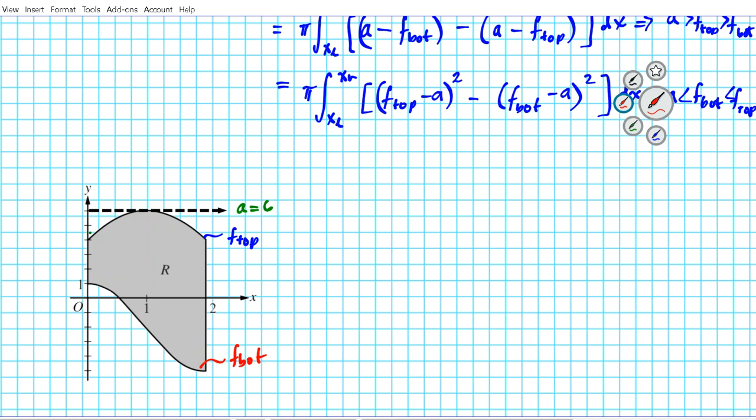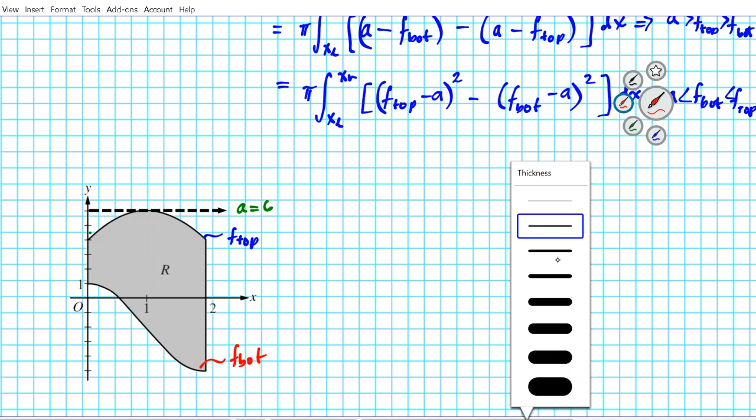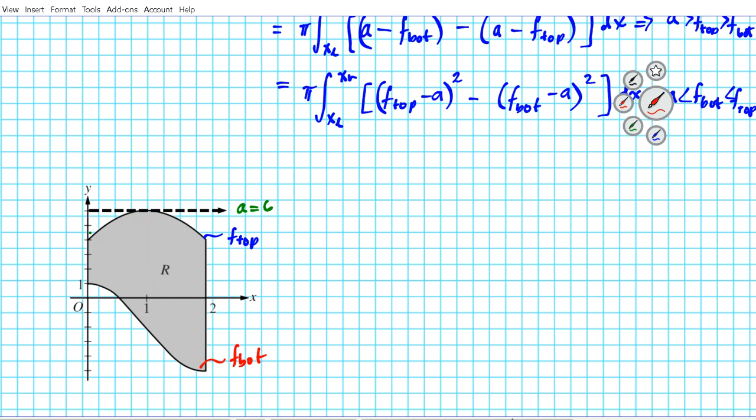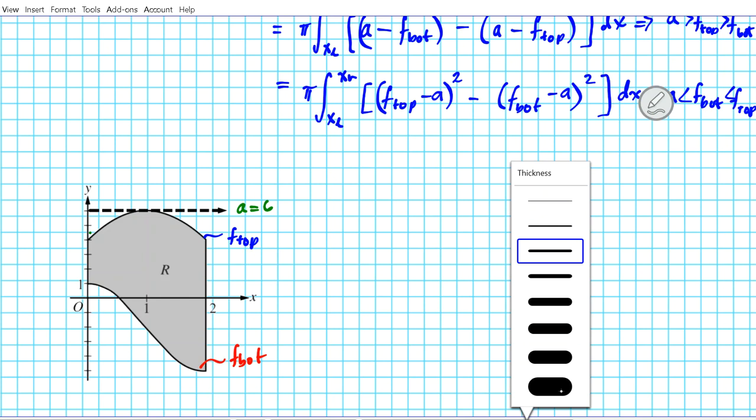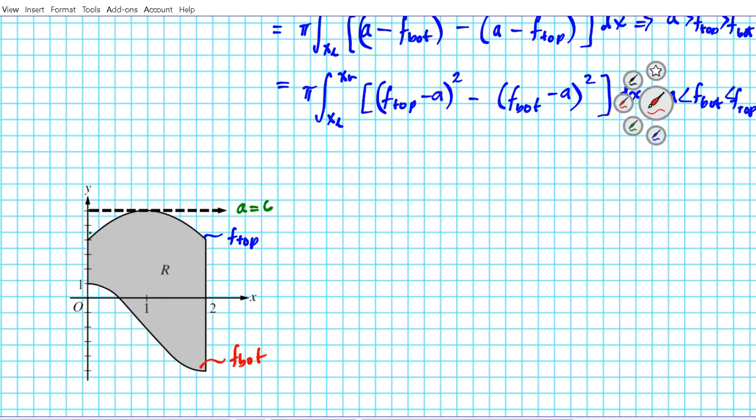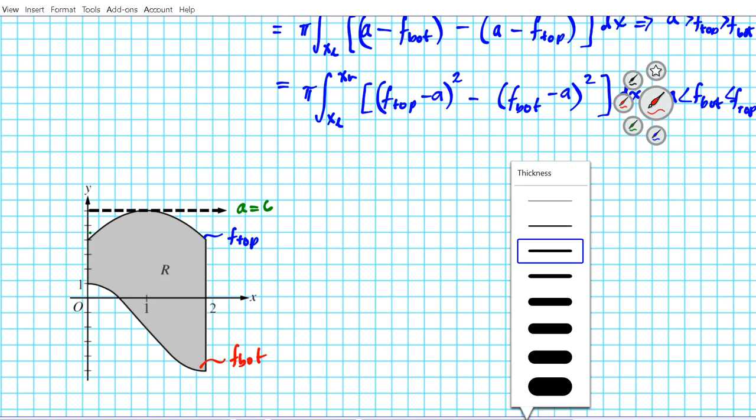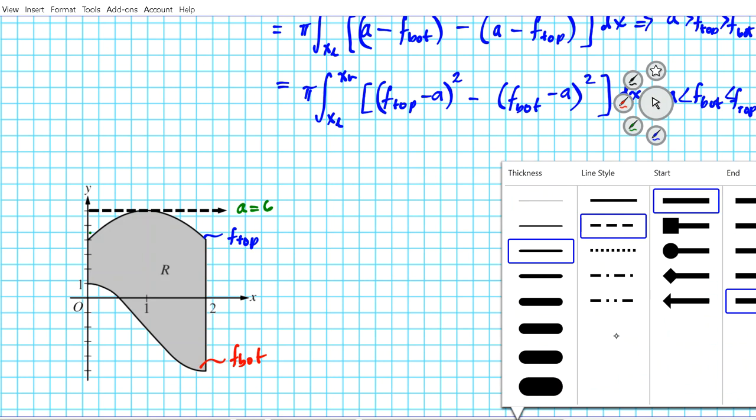The outer radius is the length from the outer function to the axis. So which function is on the outer in this example? Just think about outer as farther. Whichever one is farther out, that is what your outer radius is going to be.